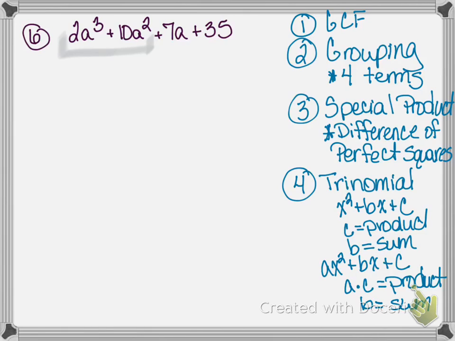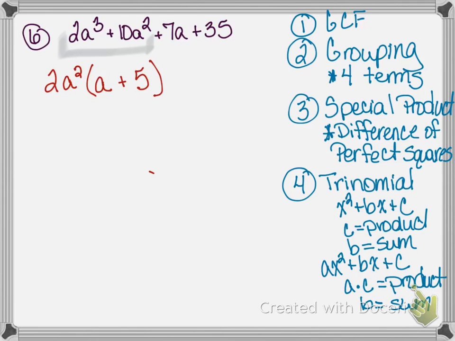Okay, I have 2a to the third plus 10a squared. A 2 comes out of both of those because those numbers are even. And an a squared comes out. Okay? 2a squared times a gives me 2a to the third. 2a squared times 5 gives me 10a squared.